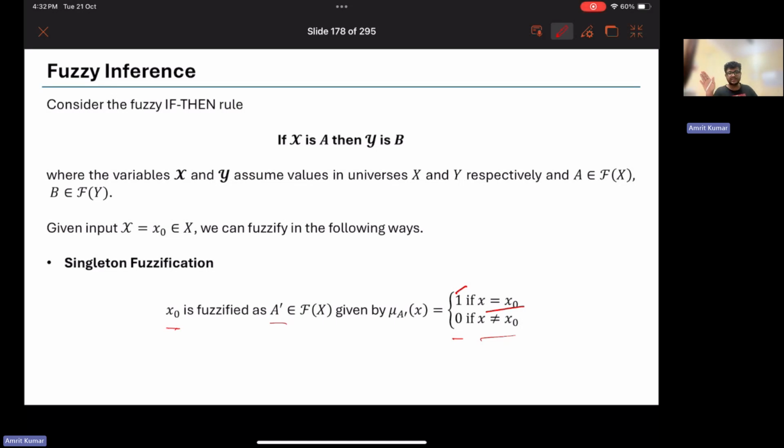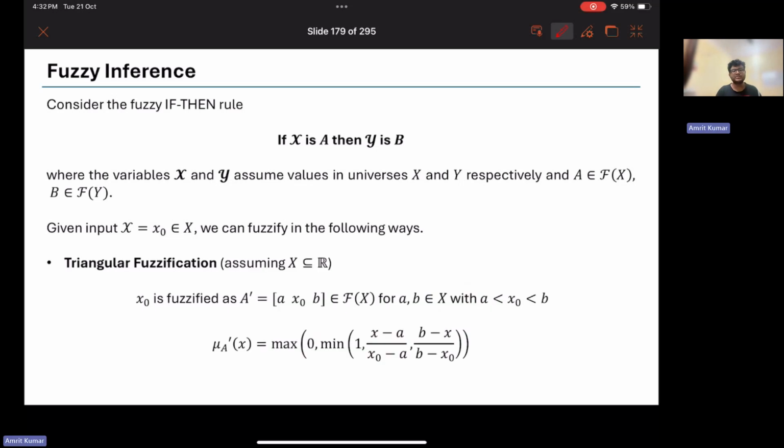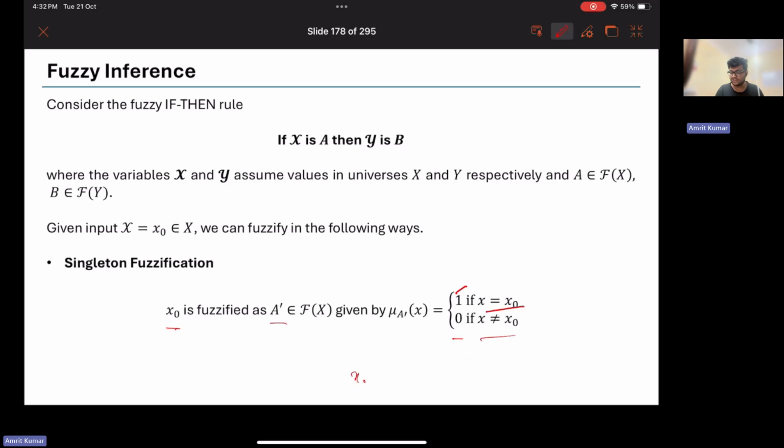You are defining this A dash in a manner that it attains membership value 1 at precisely x naught, and everywhere else it is 0. And then you have something called triangular fuzzification. So if I were to denote this graphically, x naught translates to a fuzzy set, right? It just attains the membership value at one particular point.